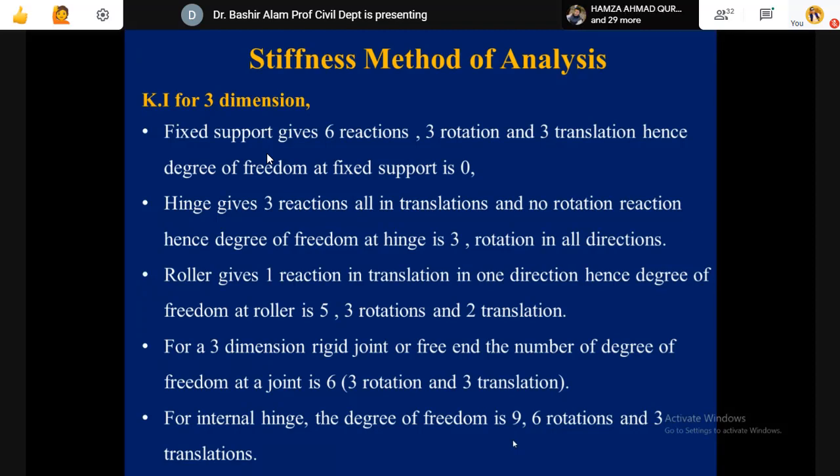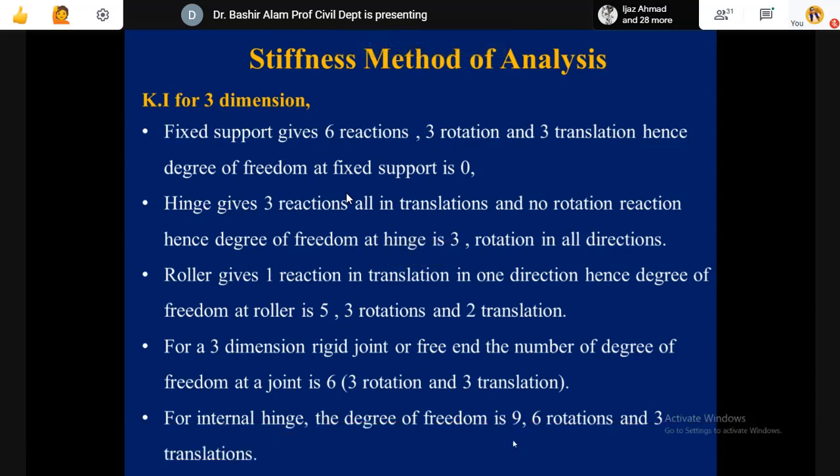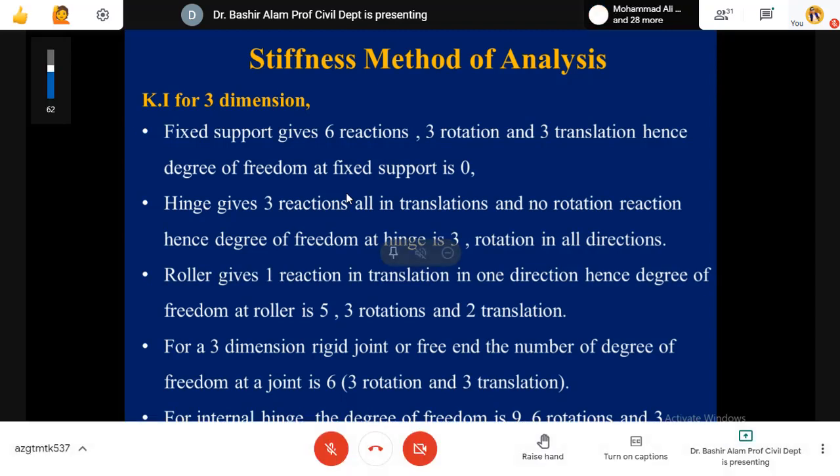So it is 5 degrees kinematically indeterminate. For a 3-dimensional rigid joint or free end, the number of degrees of freedom at a joint is 6: 3 rotations and 3 translations. For an internal hinge, the degree of freedom is 9, meaning 6 independent rotations and 3 translations.